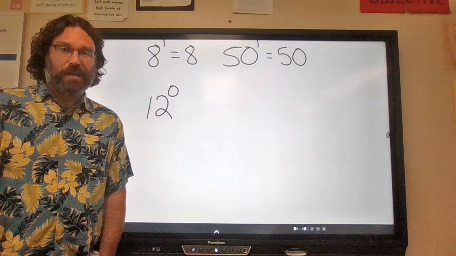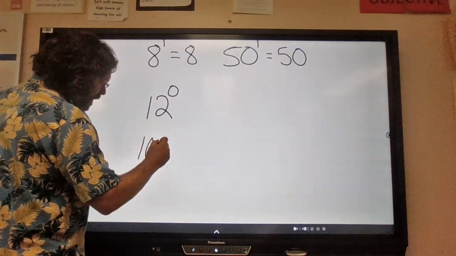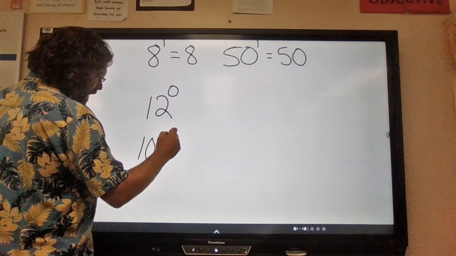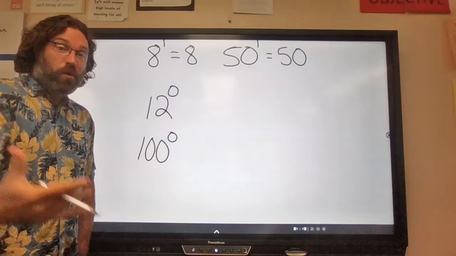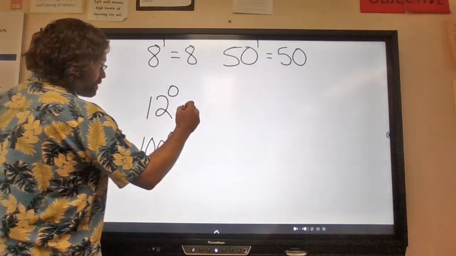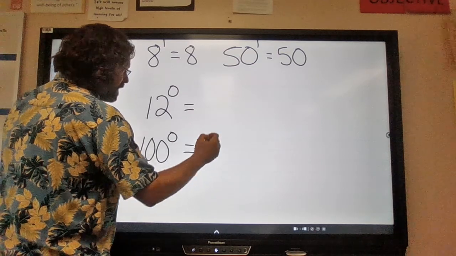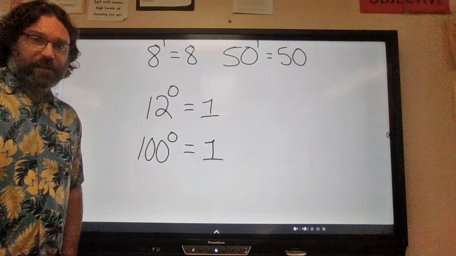Okay. Here's the funny thing. If I give you 100 as a base and an exponent of 0. One of the weird things that we have in mathematics here, both of these come out to 1.